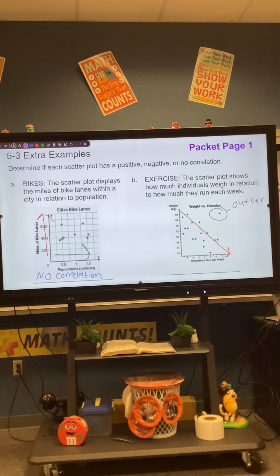If we had a scatter plot with everybody in the league, everybody would be in one spot around each other, and then you got Steph Curry in his own little spot. That's an outlier.